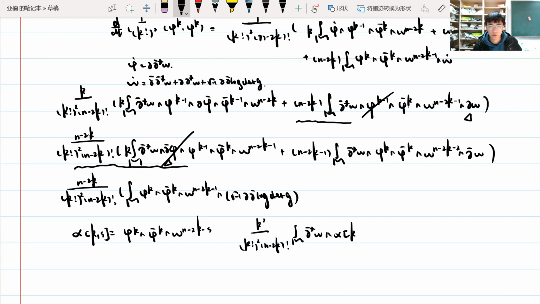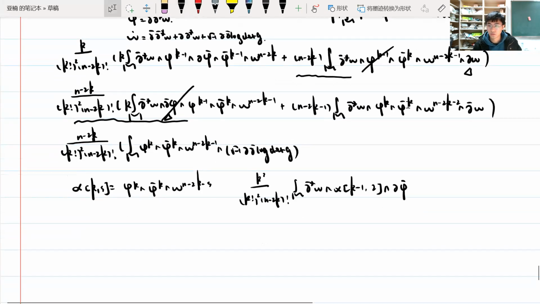Alpha minus 1 and 2. And this is k minus 1 factorial squared.